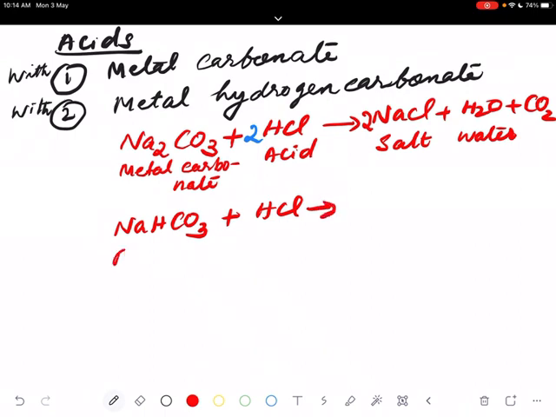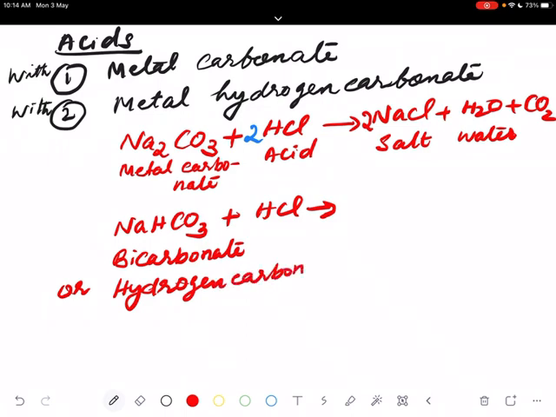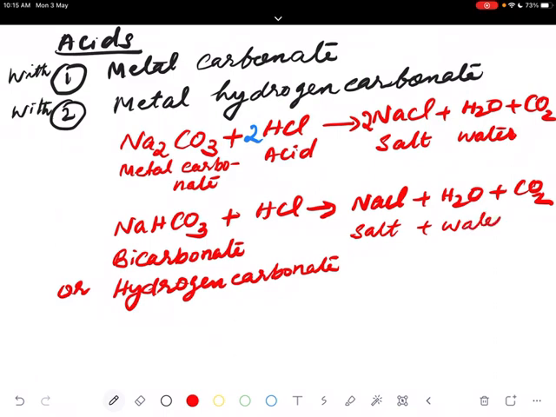This is bicarbonate, or you can call it hydrogen carbonate. Bicarbonate plus HCl, or hydrogen carbonate plus HCl, again will give you salt, water, and carbon dioxide.